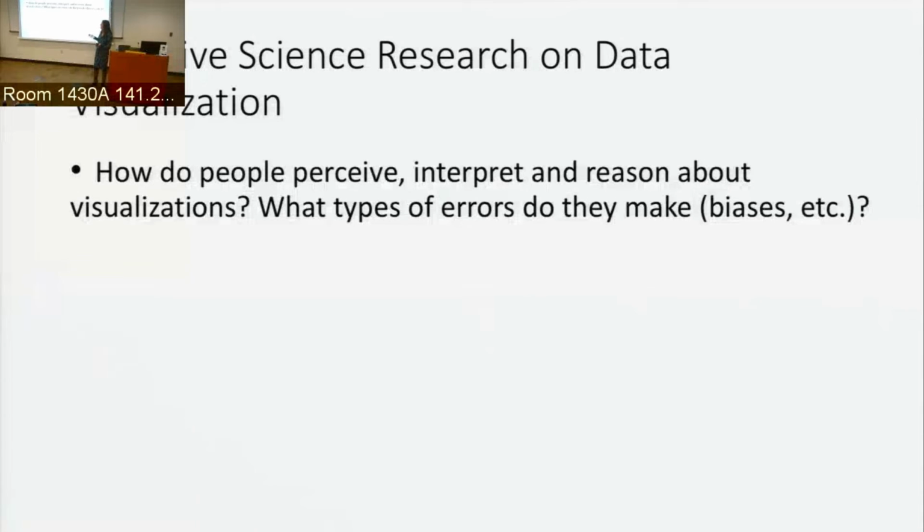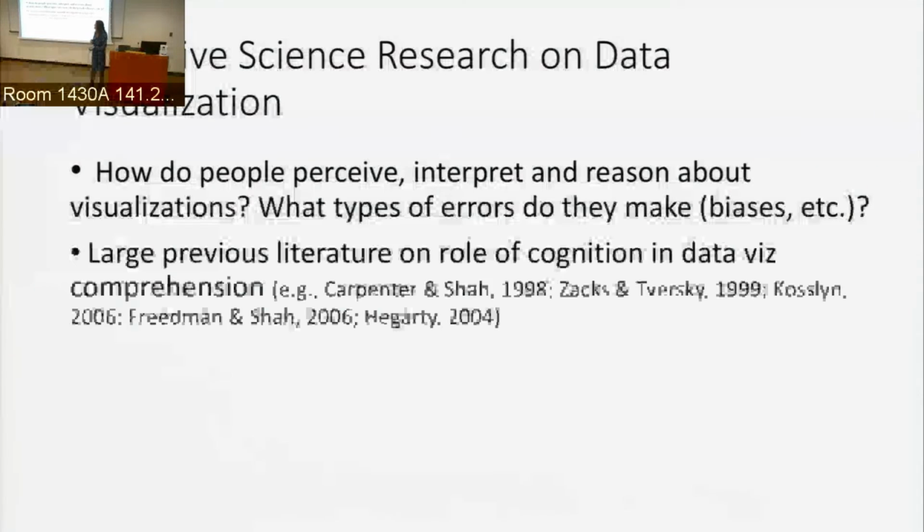So we actually don't have a great sense of how people represent these visualizations, or how difficult it is for people to interpret them. Specifically, we're interested in what types of errors people make when they're interpreting data visualizations. Are there specific biases people have? People don't always look objectively at data visualizations, right? They come to the table with some kind of prior knowledge or prior belief, and how does that affect the way they interpret data?